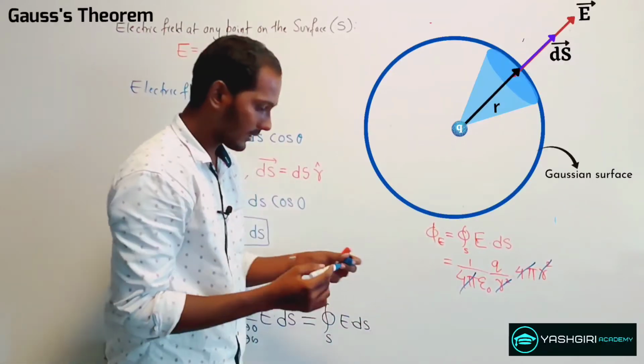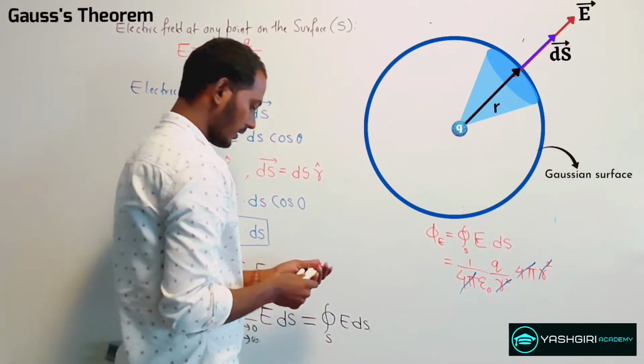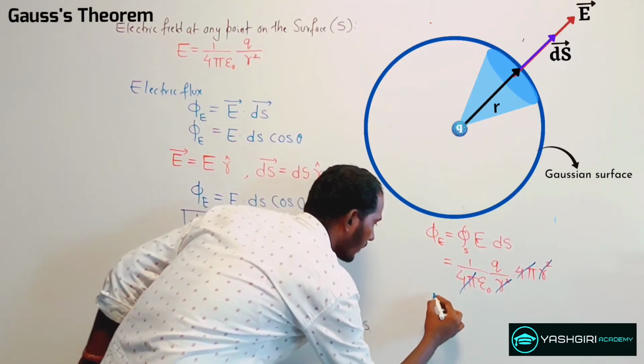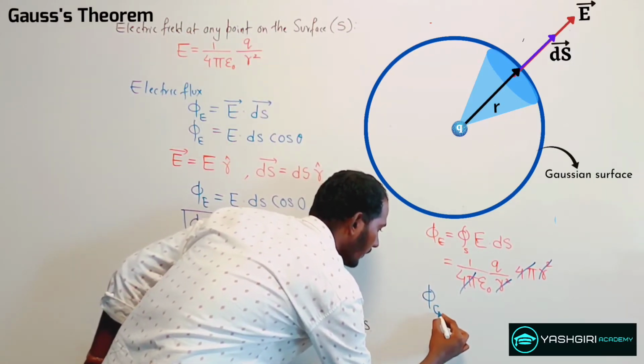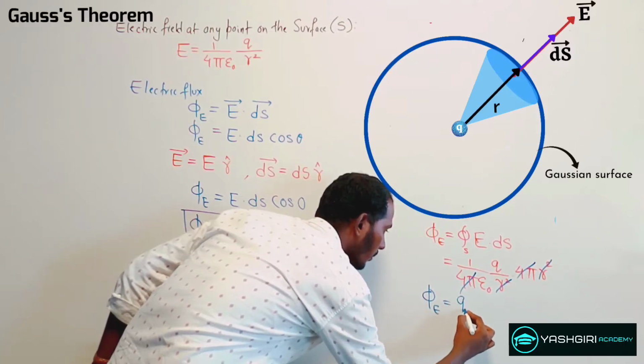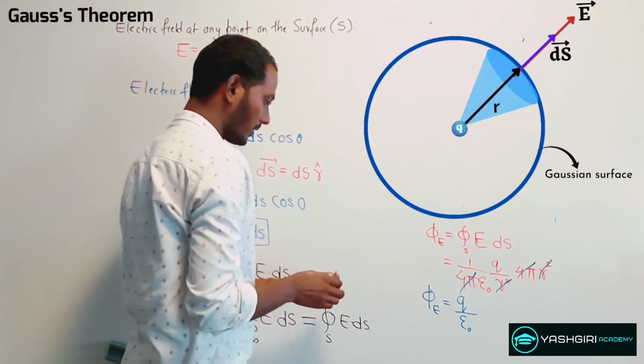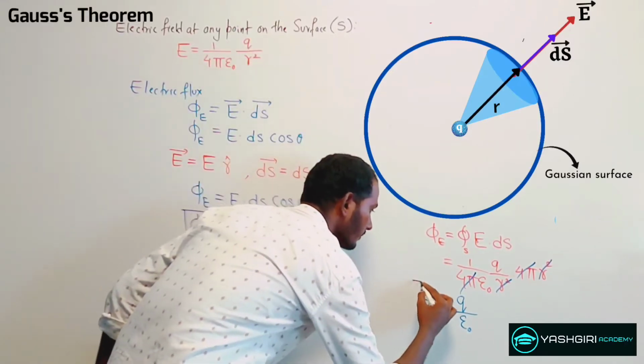Correct? And what is left is the phi of E, which will be equal to Q by epsilon naught. So that's the final expression that you will be getting.